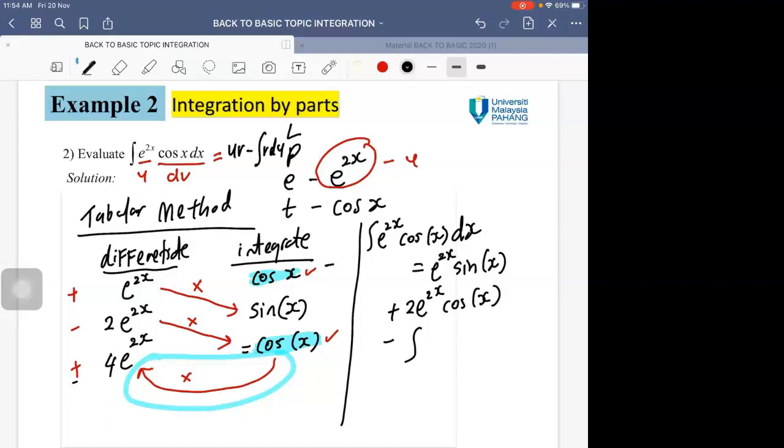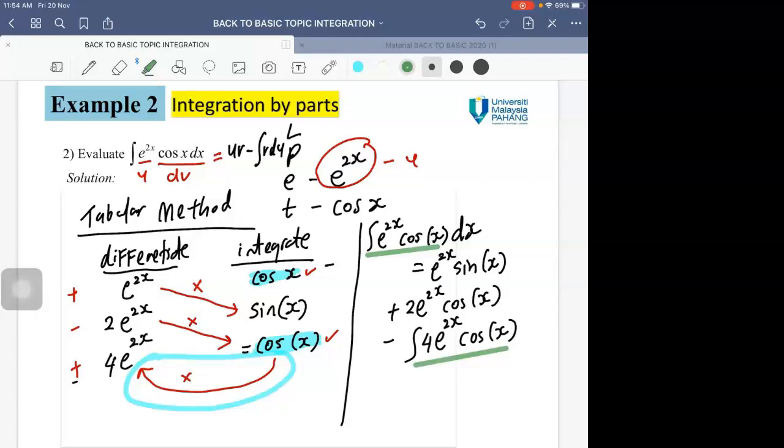So what we have here is 4 exponent 2x cos x. On your left hand side you also have integrate exponent 2x cos x, and on your right hand side you also have exponent 2x cos x.